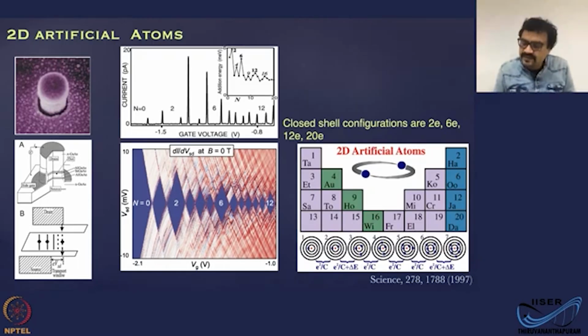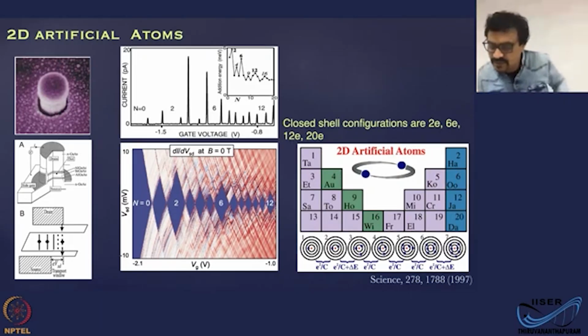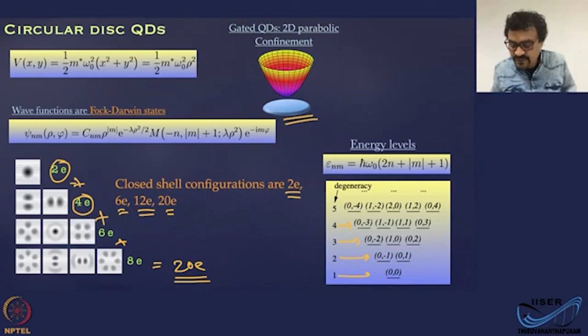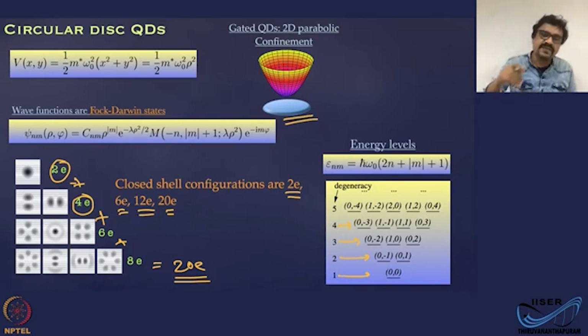And the Coulomb blockade oscillations are shown here for the first 20 electrons, first 12 electrons. Okay. So remember from the previous slide, you have closed configuration for 2, 6, 12, and 20. That means once you fill 2, then for the next filling you will need to change the shell.